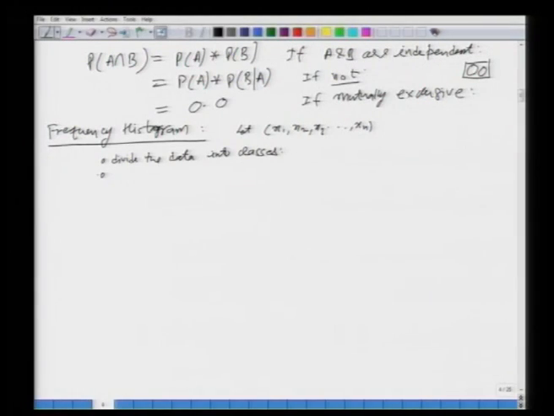Then what do you do? Then you count the number of occurrences or observations falling in each class. Remember this.